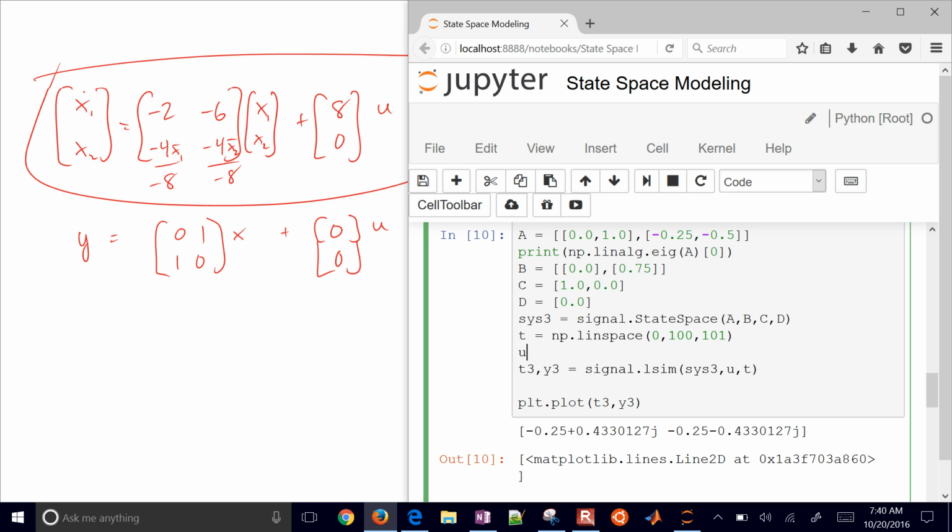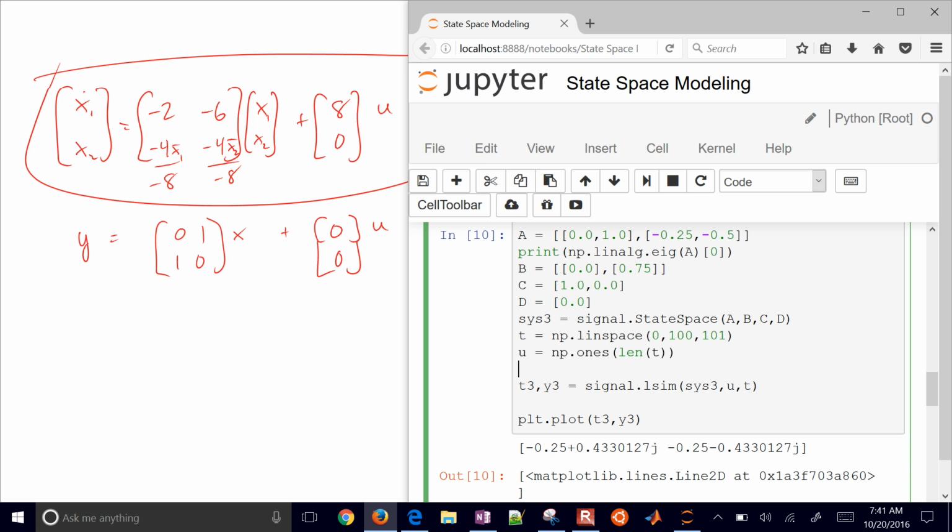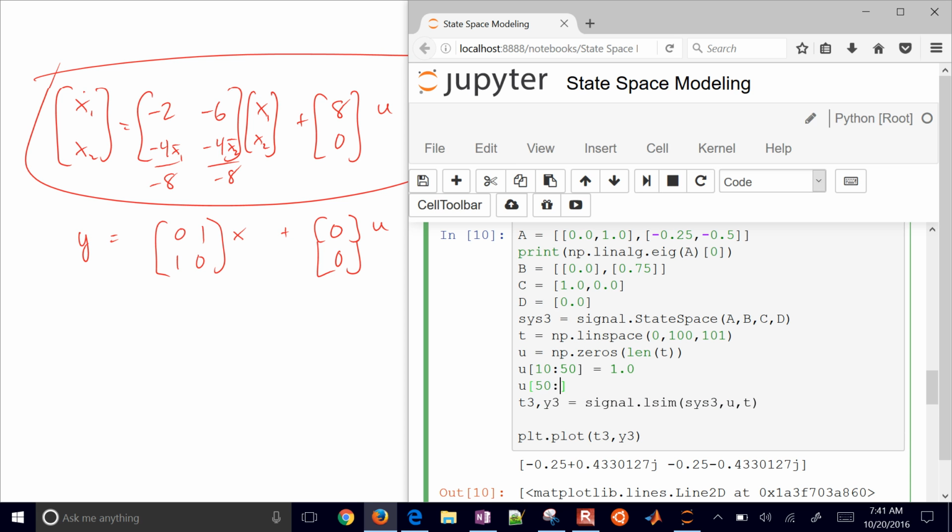And then our U values, let's do ones, the same length as T. Okay, but then at a certain point, maybe, well, let's go zeros instead. We'll start with zeros. And then from 10 to 50, we'll set that equal to 1. And that'll be 10 to 49, actually. And then 50 on, we'll set that equal to 2.